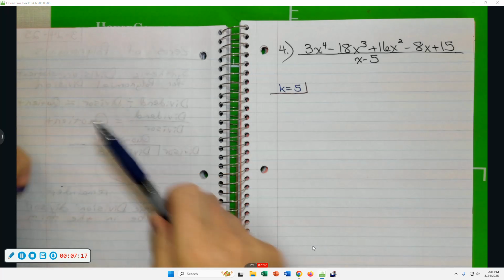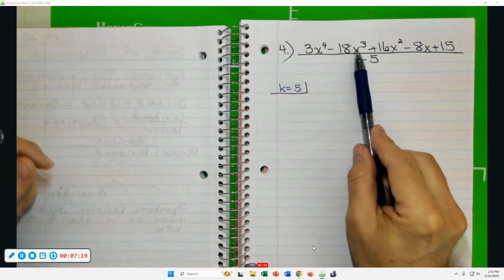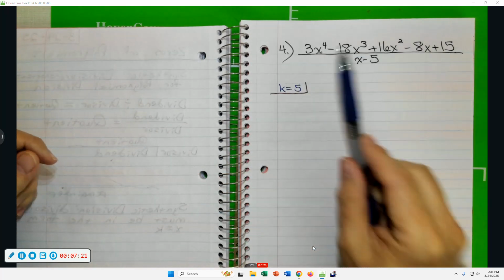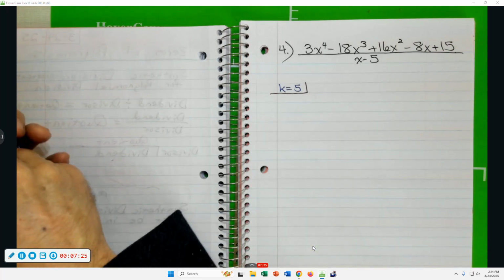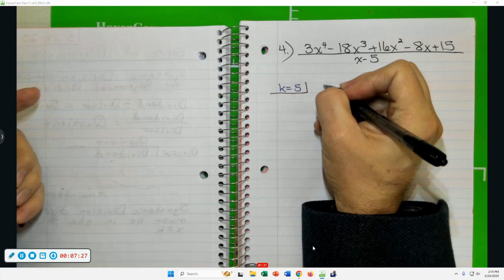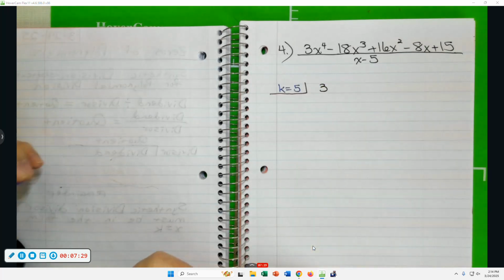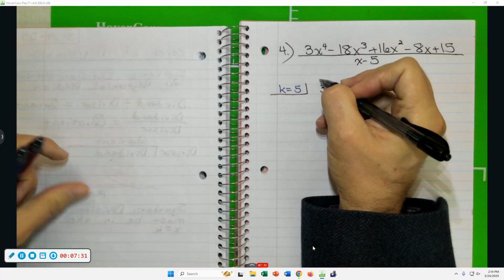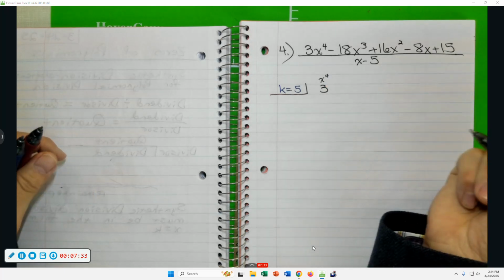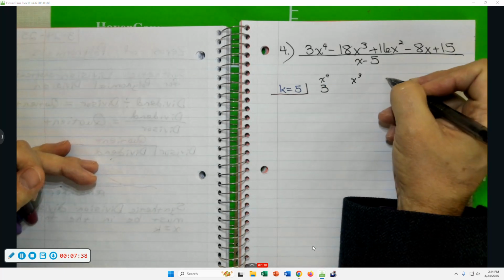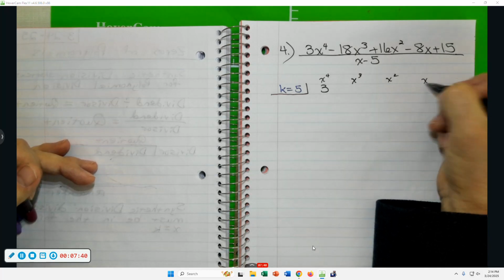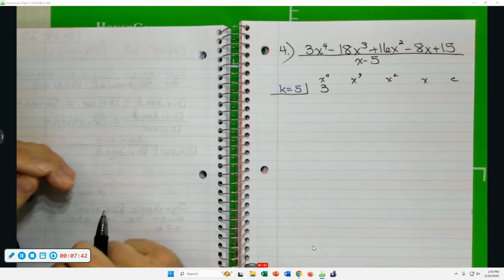Then make sure that in the dividend the terms are in descending order. You start with the largest exponent, x to the 4th, and go down from there. Maybe we'll put some column headings: x to the 4th, x cubed, x squared, x, and our constant c.